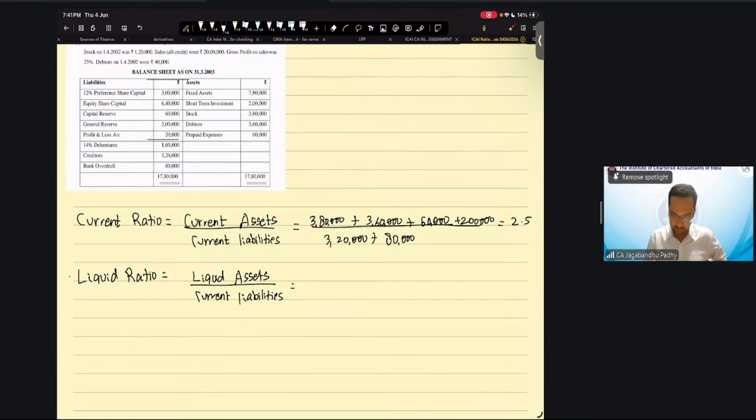Liquid assets is going to comprise your short-term investments of 2 lakh plus debtors of 3,60,000, and stock and prepaid expense won't come over here. So we just have the liquid assets as 2 lakh and 3,60,000, and then current liabilities remain the same, which is 3,20,000 plus 80,000. So what's the liquid ratio, guys?